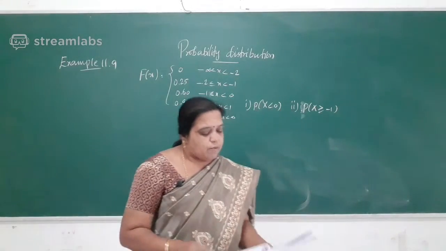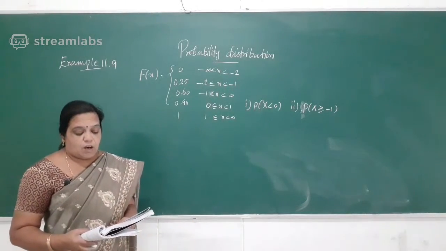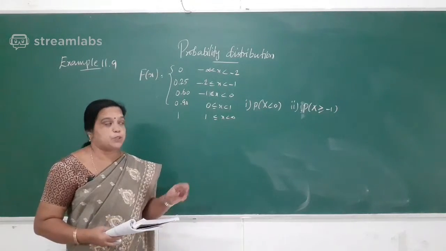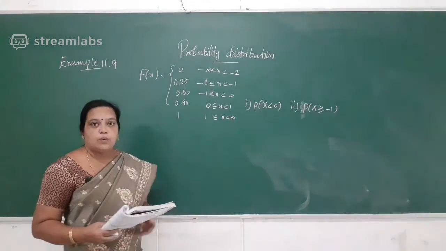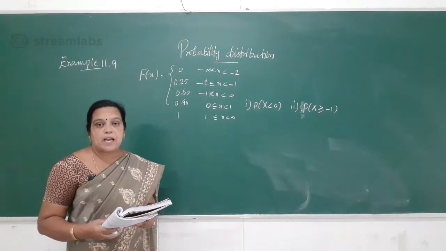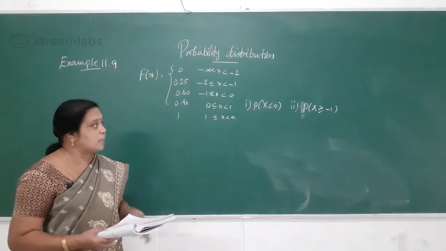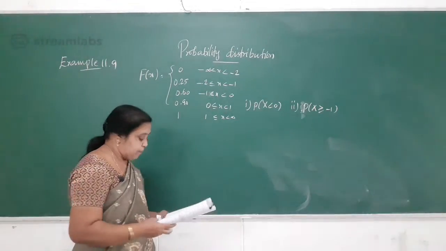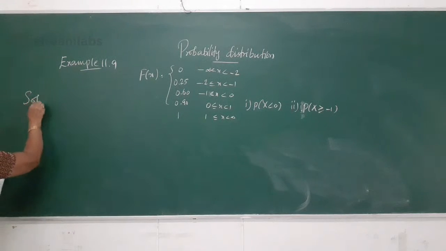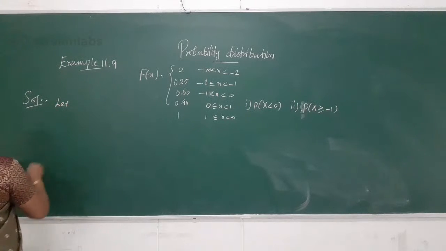Find the probability mass function f of x of the discrete random variable x whose cumulative distribution function F of x is given. We have to find first part P of X less than 0, second one P of X greater than or equal to -1. Solution. Let x be the random variable.